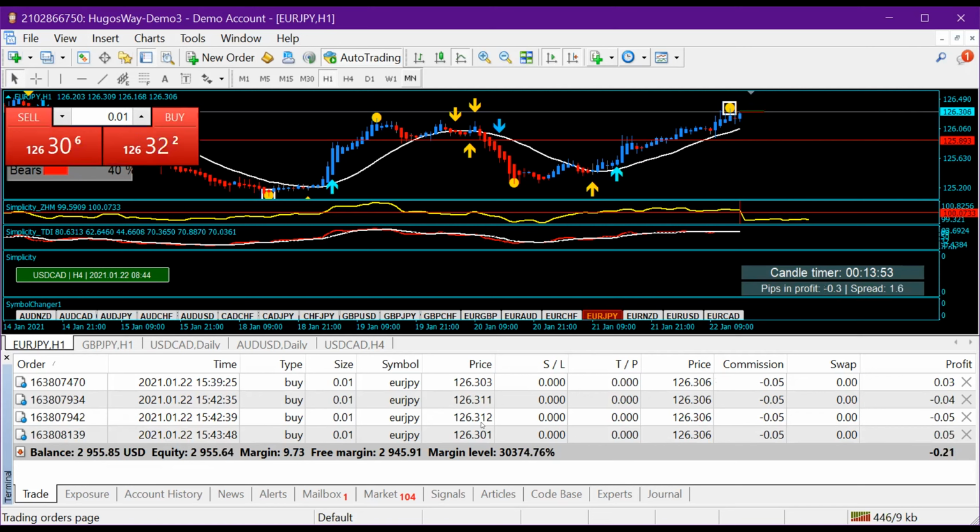So let's talk about this for a minute. This is your order number, okay, which is information to have, the date and time that you placed the trade. So when you're tracking your trades, if you are the type to keep a trade journal, this is where you would find the date and time you went in the trade, okay? This is the type of trade you're in, whether it's a sell or a buy, indicated here.